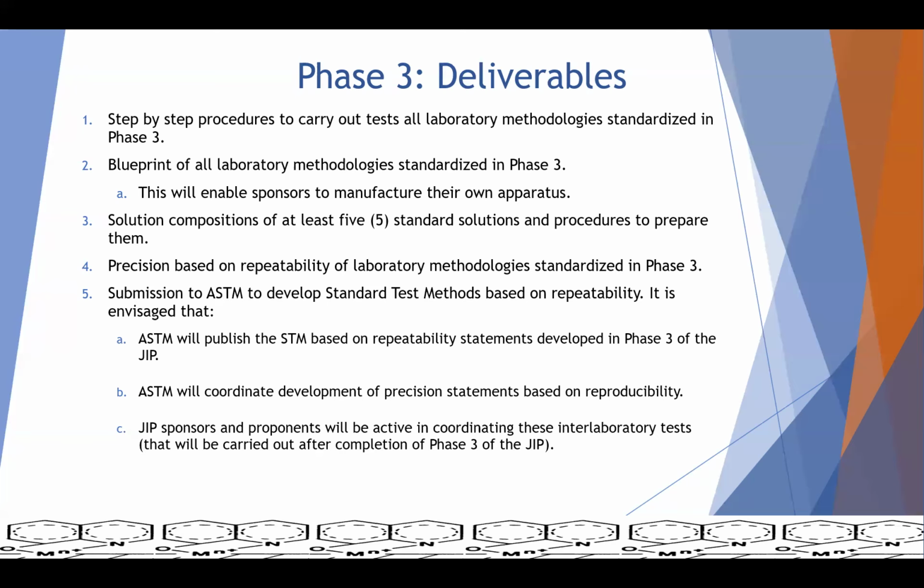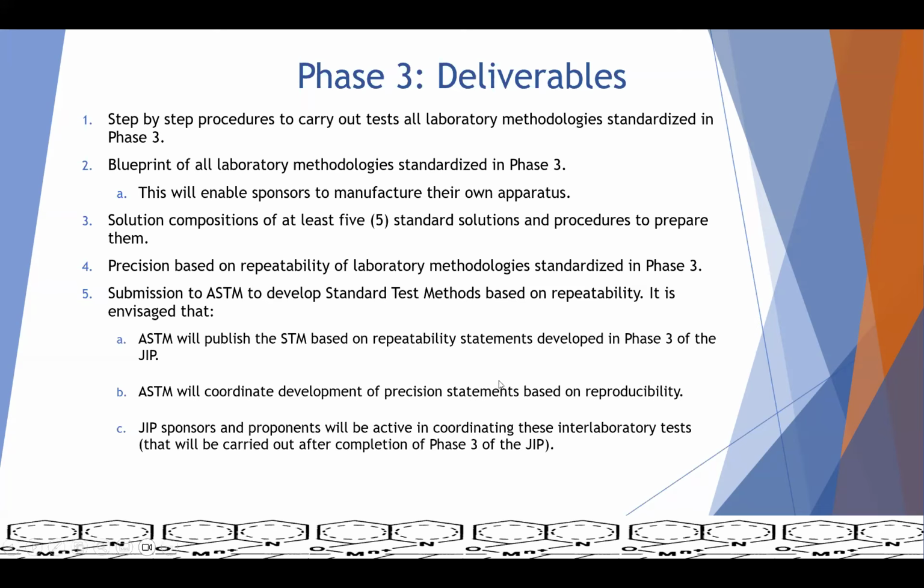Phase 3's end game is to develop a precision statement based on repeatability, that is based on one laboratory. And we will submit our findings after the confidential period is over to ASTM or AMPP to develop a standard test method based on repeatability. ASTM can publish a standard test method with only precision based on repeatability, provided the reproducibility is established within 5 years.